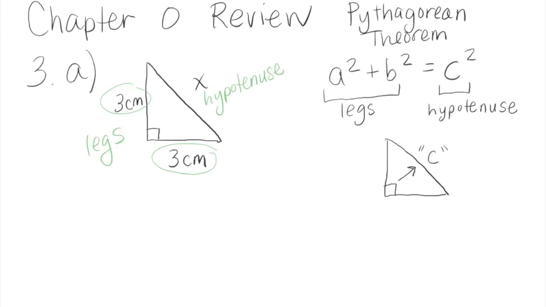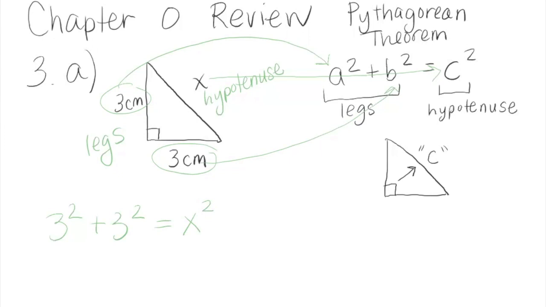So if we plug these values into their spot, we put each of the values of the legs into its variable spot, and we'll put the x where the c belongs. And our equation will become 3 squared plus 3 squared equals x squared. So we've actually substituted those values in, and we can solve this equation to find the length of the hypotenuse.